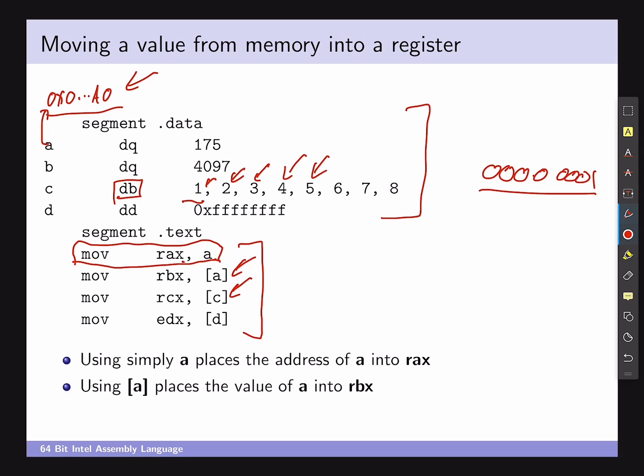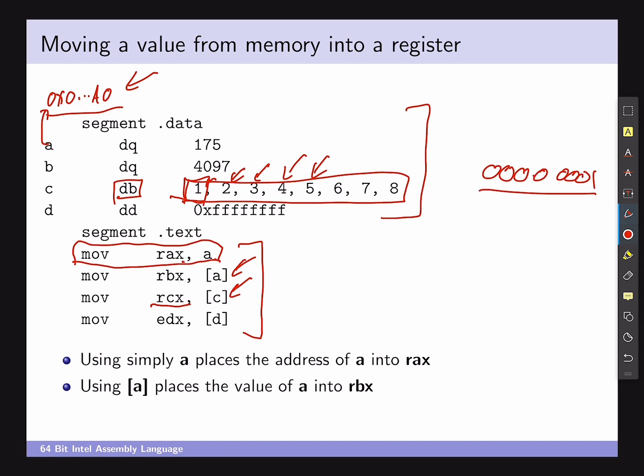But what will actually happen here is that because I'm moving into a 64-bit register, even though the first element here is just this 1 and it is stored in a byte, I will actually load in 8 bytes, or 64 bits, which means this whole sequence will get moved into RCX.